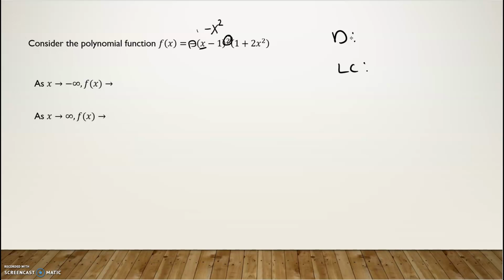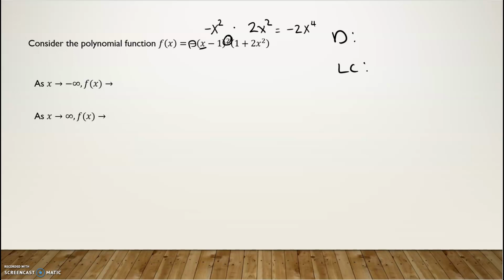We would eventually multiply this times this term and this term. I'm just going to look at when it's multiplied by the 2x squared, because I'm looking for the x raised to the highest power. So this would be -2x to the 4th. That's my leading term.